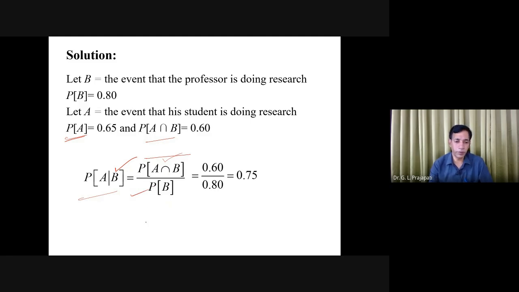Actually, what you are going to do is, you are here. B has occurred, and now you are going to compute the probability of A given B. Given B means the event has already occurred.